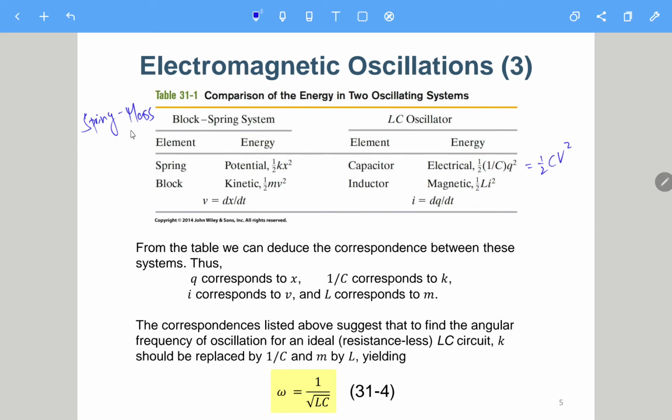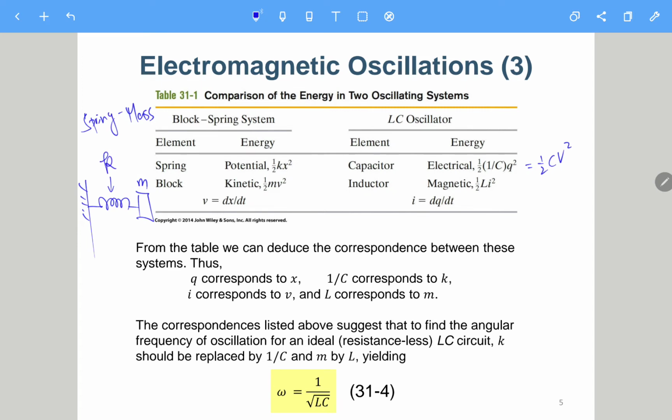And the spring mass system is something like this. Maybe try to put it horizontally. Suppose we have a spring and a mass. This is m, and the coefficient of the spring is k.